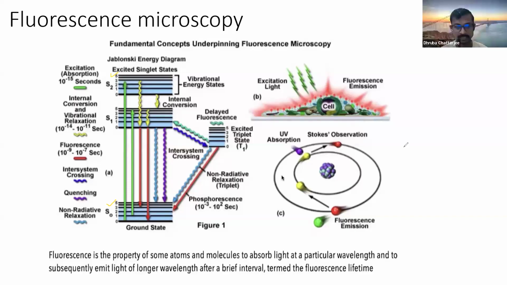That can come from only a particular fluorophore, and only that fluorophore is attached to your protein of interest. So in fluorescence microscopy, it will allow you to visualize just your protein of interest very specifically within these cells where so many different molecules are present. That's what I was trying to say.